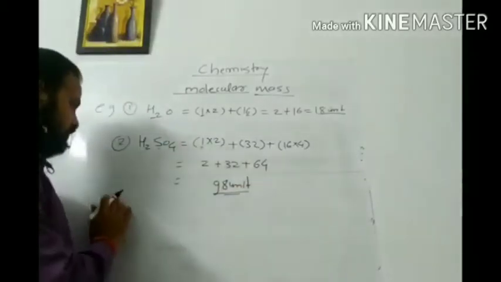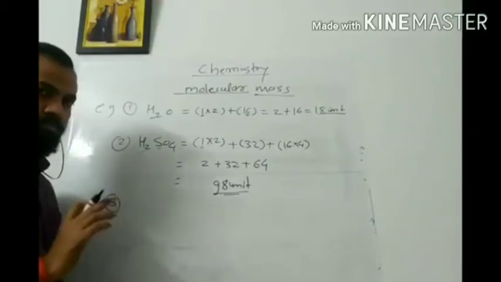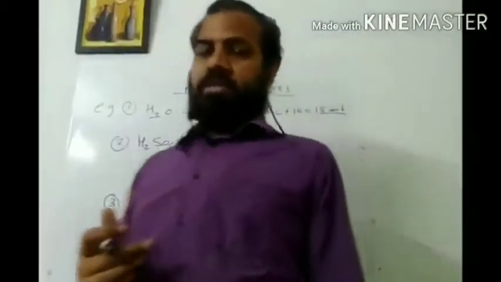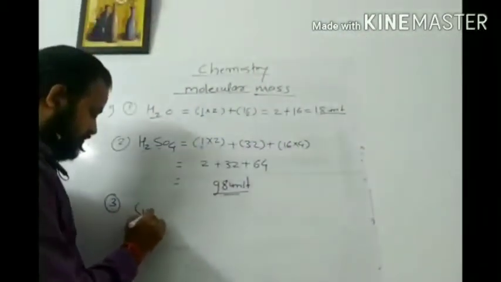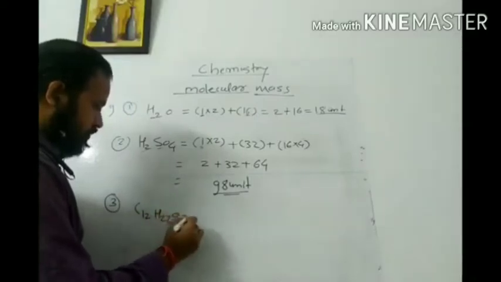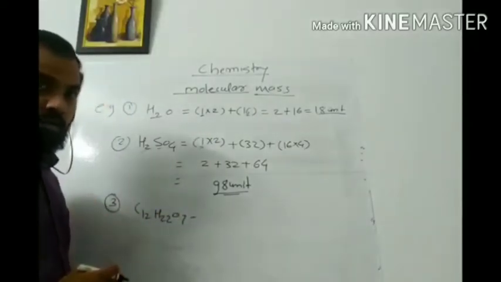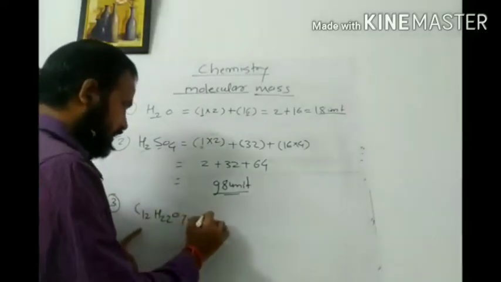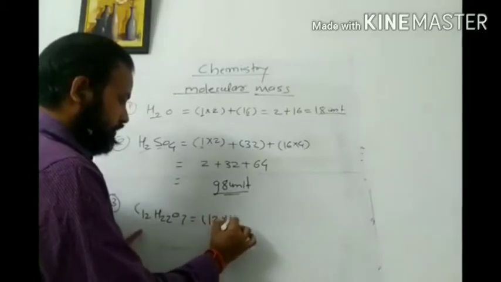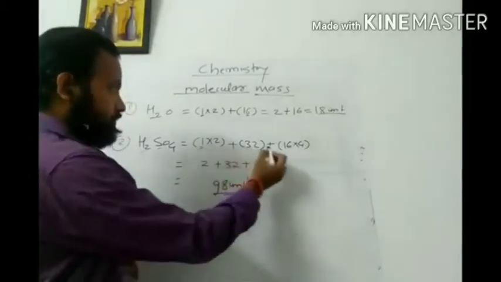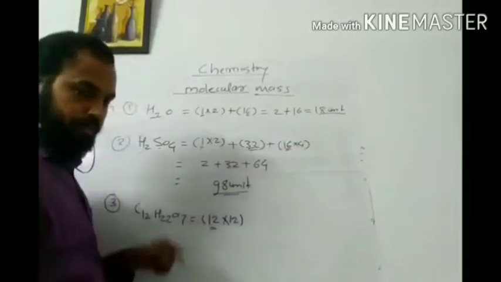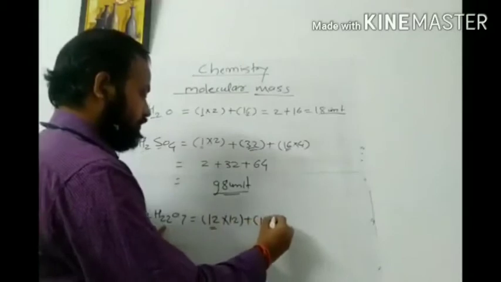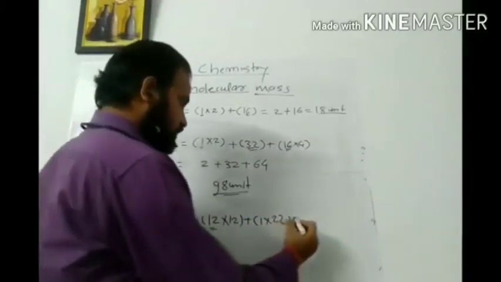Then we will see one more example, where atoms are combined in a complex ratio. Let us say C12H22O7. We commonly call it sucrose or table sugar, isn't it? Here there are total 12 carbon atoms whose atomic mass is 12. This is atomic mass, as in the previous example. Here hydrogen 22, so 1 is the atomic mass and 22 is the total number of atoms.